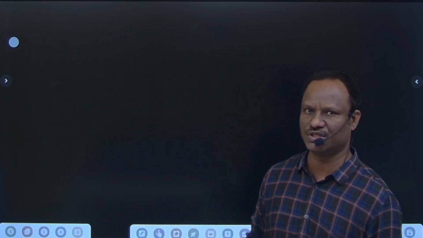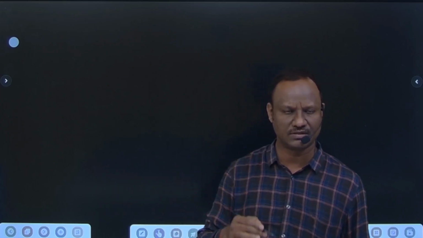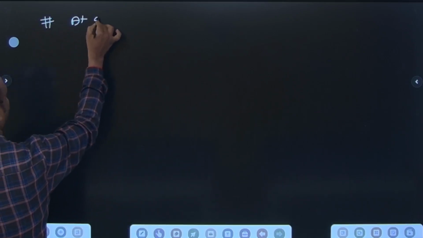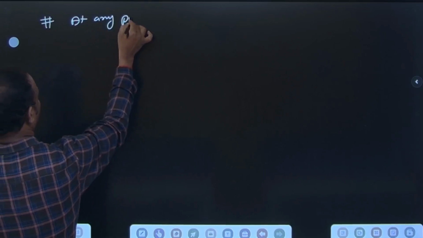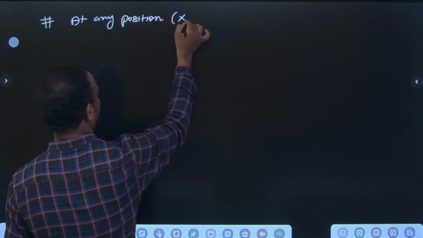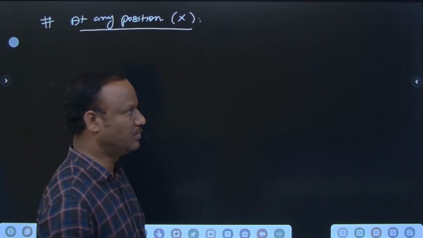At the extreme position, potential energy is maximum and kinetic energy is minimum. At any position, I'm taking x from the mean position.